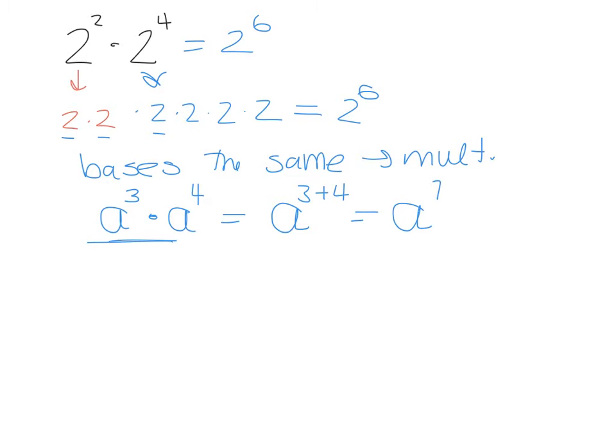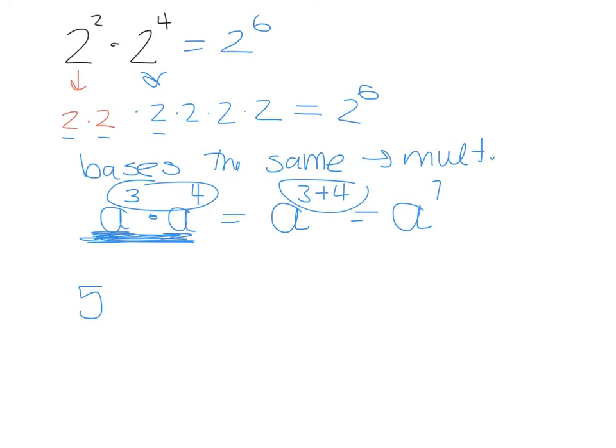So the bases have to be the same, and when they are, and you're multiplying, you can always add the exponents. That's the rule to remember. I'll be saying over and over, bases are the same, add them high. So when the bases are the same, you just add the exponents.